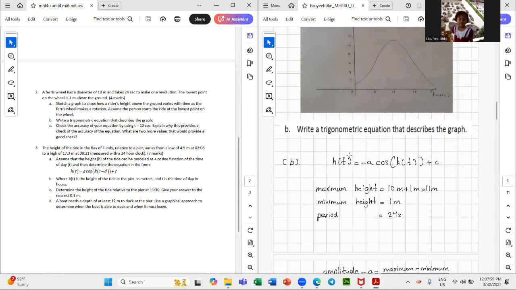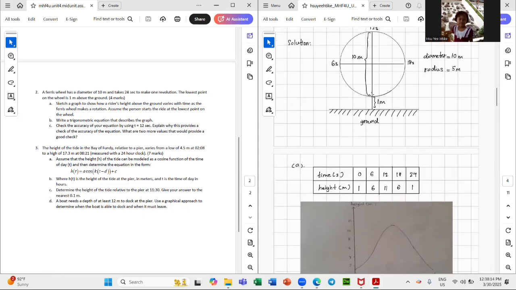Here, the maximum height would be 10 meters plus 1 meter, so the maximum height becomes 11 meters. And the minimum height would be 1 meter, because the Ferris wheel is 1 meter above the ground.